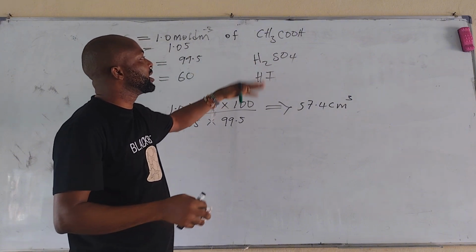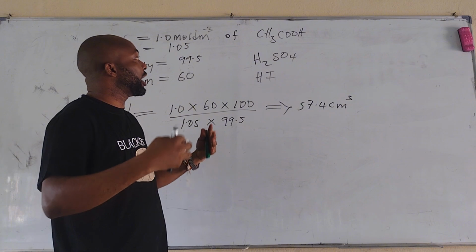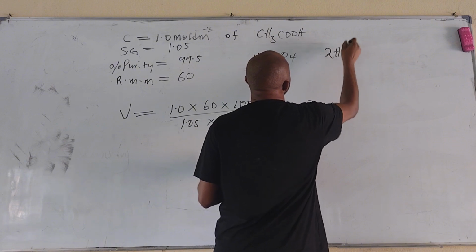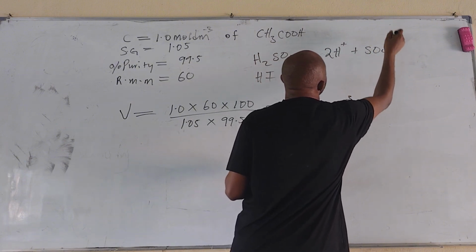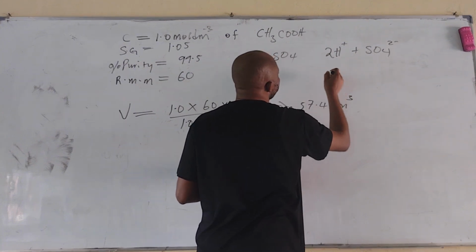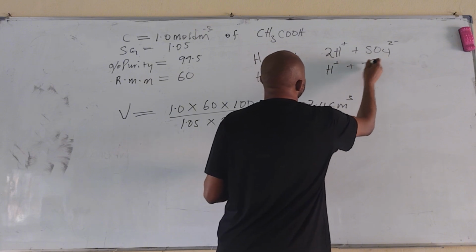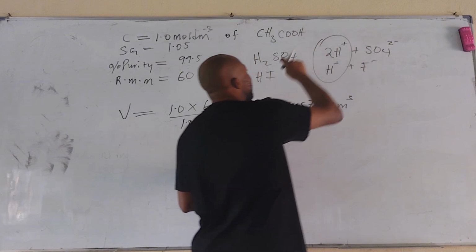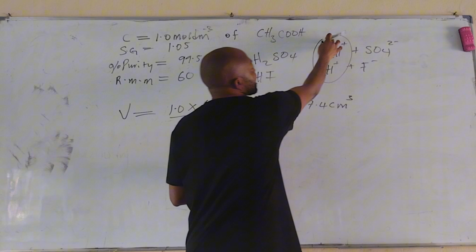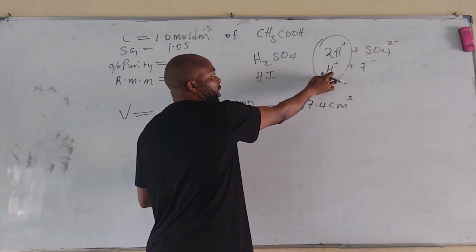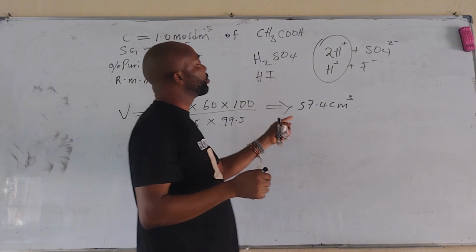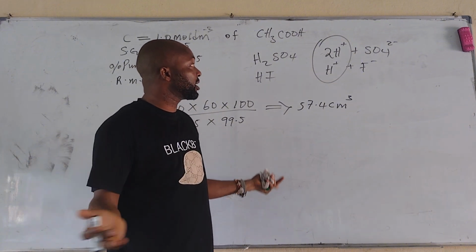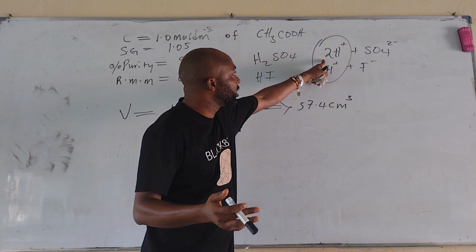It is based on its ionization power, how it ionizes to give us, this will give us 2H plus SO4 2 minus, but this will give us H plus F negative. Now the ionization strength of tetraoxosulfuric acid is far higher than that of this.